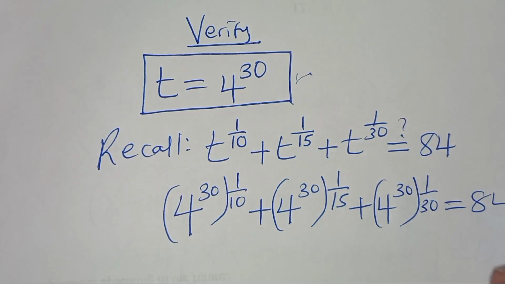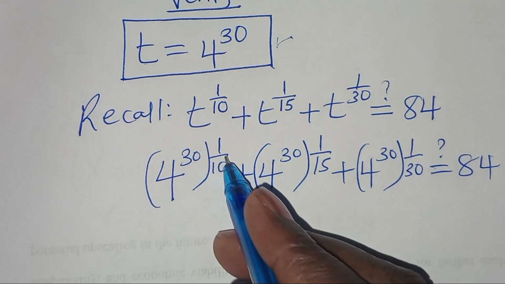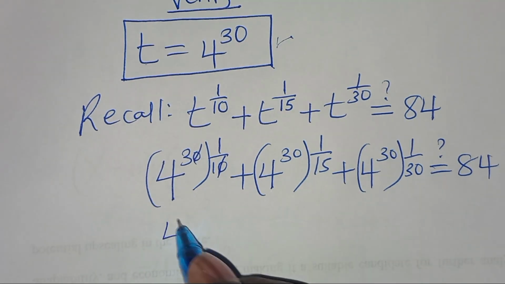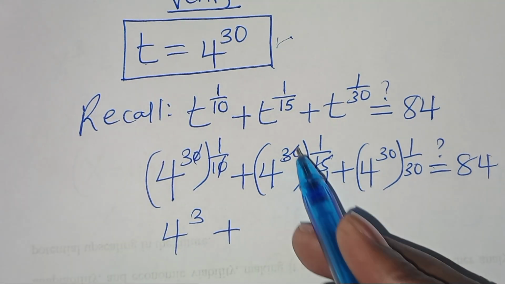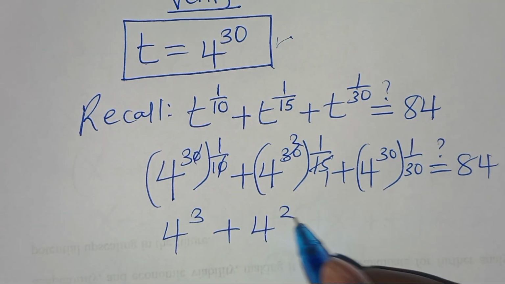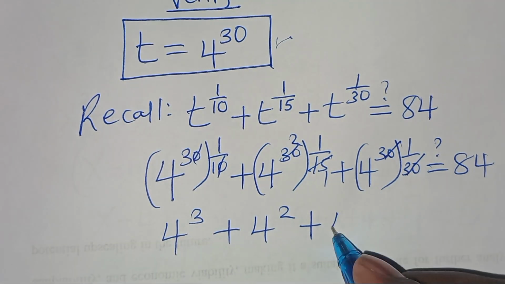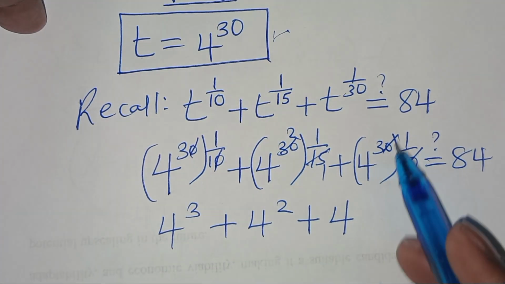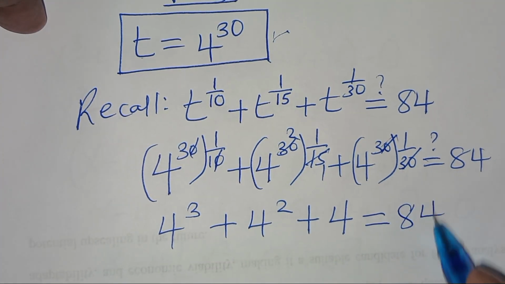This is supposed to give us a value of 84. So let's simplify here. So this is 4 to the power 3, plus 4 squared, plus 4. This should give us a value of 84.